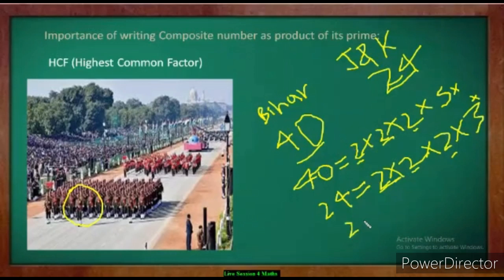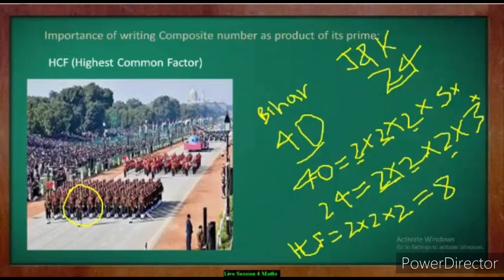That is equal to 2 into 2 into 2, that is equal to 8. So we calculated the HCF equal to 8.